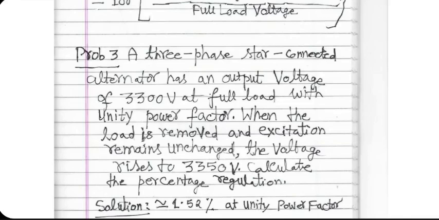So the correct answer in case of AC generators is voltage regulation of so much percentage at such and such power factor. And if power factor is not unity, and instead let's say it's 0.8, then you also have to mention whether power factor was leading or lagging. Then only the information will be considered complete.